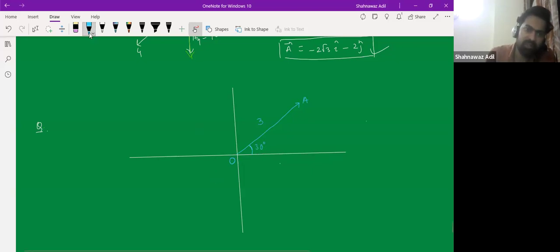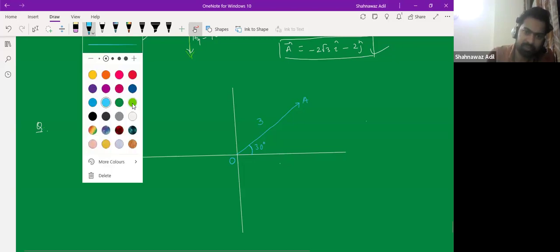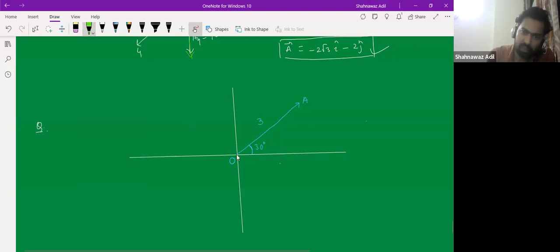Then we have another vector, OB, making an angle of 60 degrees, with magnitude 4.